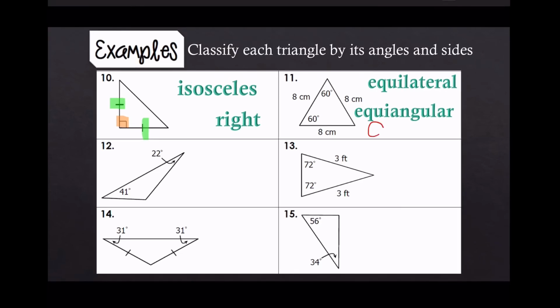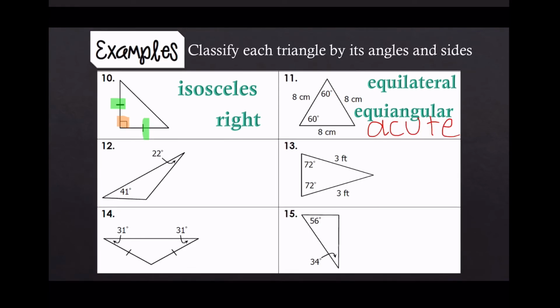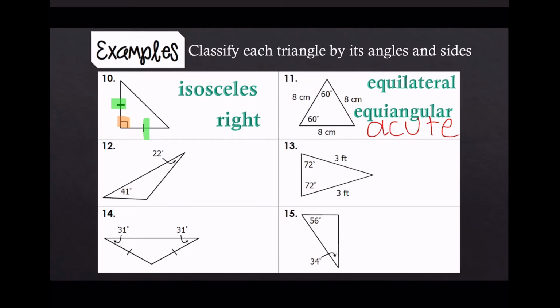Okay, I'm looking to see that you wrote that in. Then let's go to number 12. There are no markings on the sides. There are no measurements on the sides, telling me none of the sides are equal, meaning this is a scalene triangle.